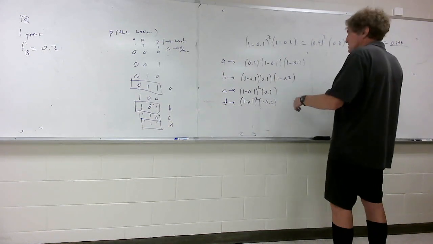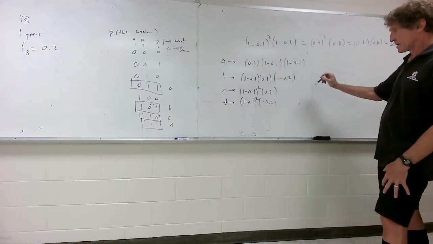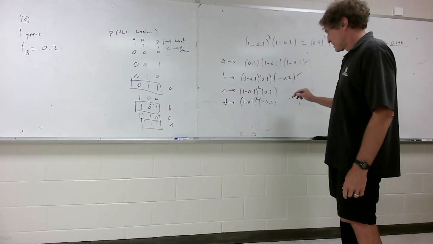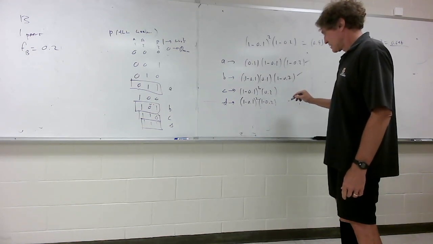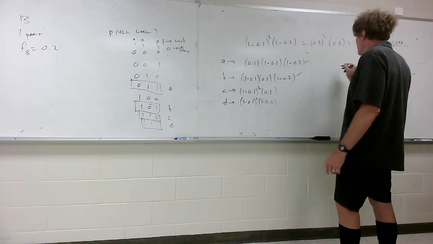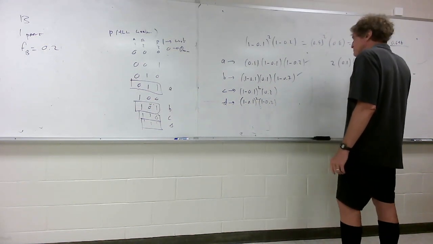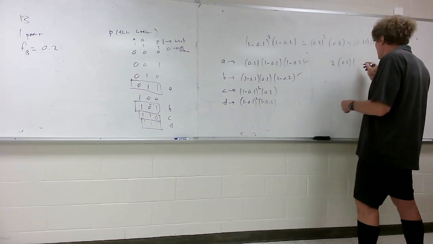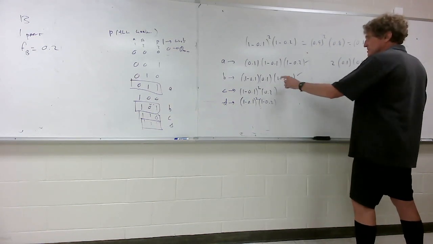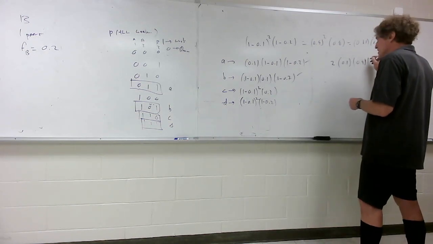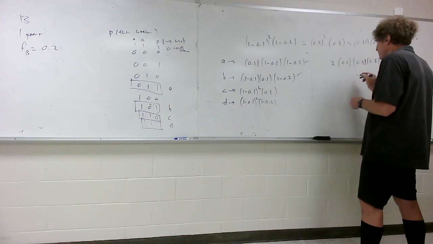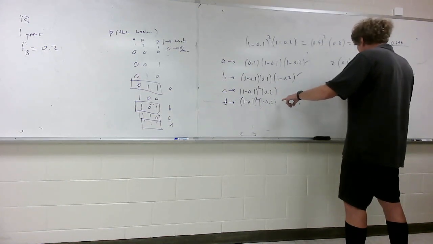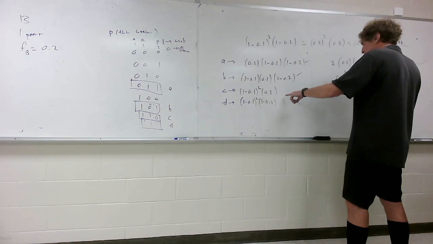For this one, the total then is going to be, let's see, how many of these are the same? These 2 are the same, right? So I get 2 times 0.1 times 0.9 times 0.8 here, plus, and then for this one, it's going to be 0.9 squared times 0.2.